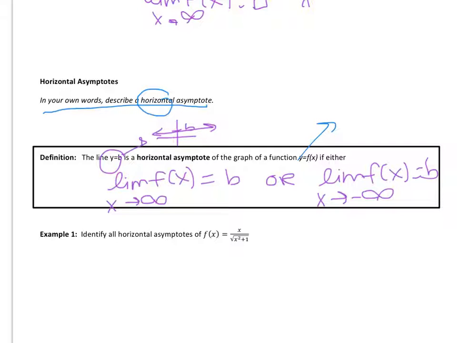I'm just going to draw it up here for the sake of space. You should draw it where you have space. We have a graph, and our b value, let me just do it in a different color because I'm sick of blue and purple, is right here. So we have a curve that's approaching that value of b.